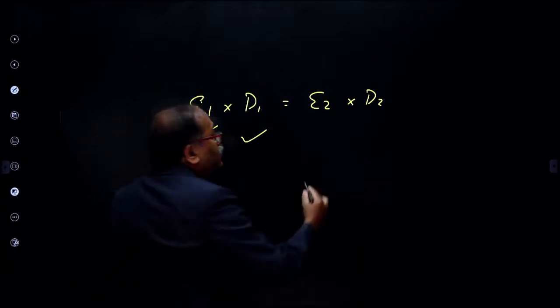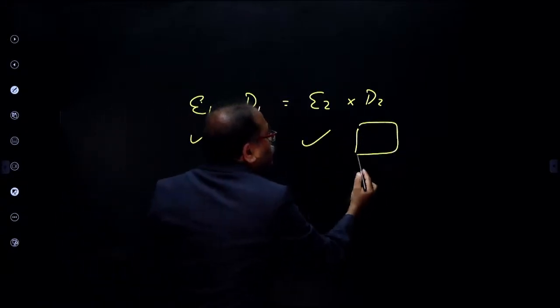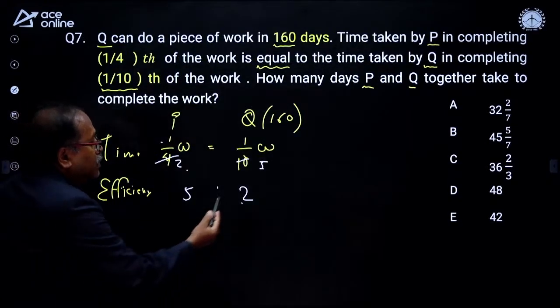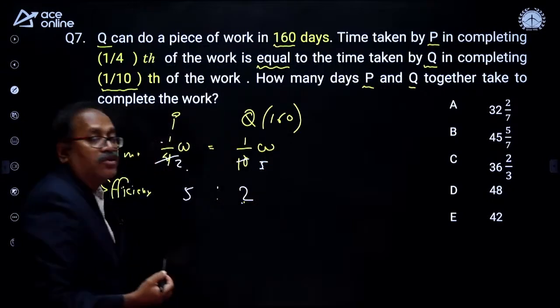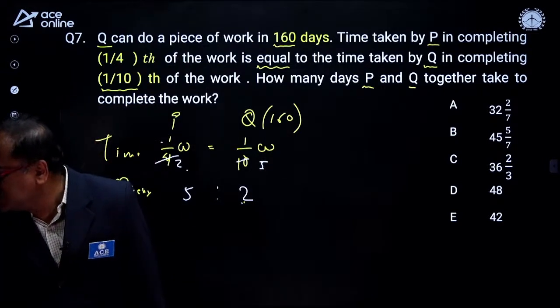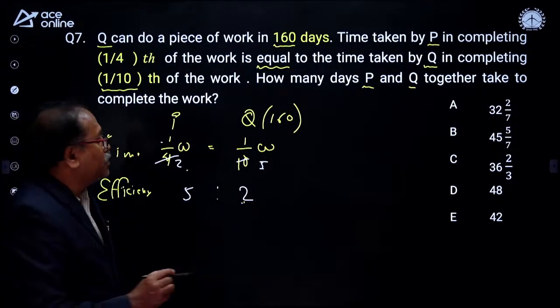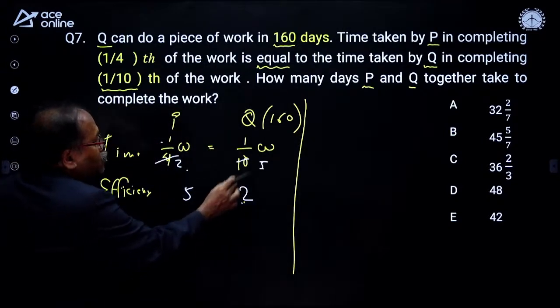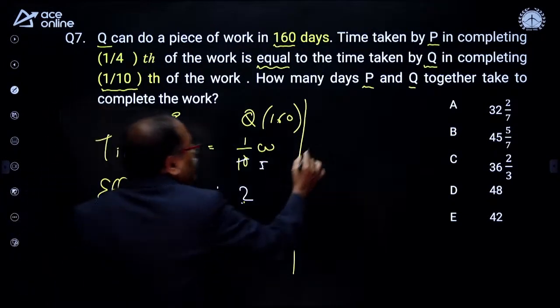In the second case we know the efficiency, we need to find the days. Here, when the efficiency is 2, the number of days is 160.